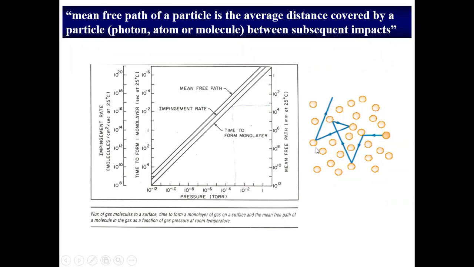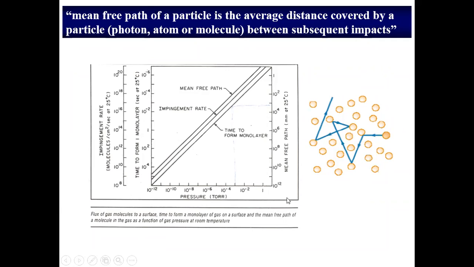Let's say, for example, this particular atom moves. Before it hits another atom, what's the distance? When it hits that atom, it will move on and collide with another atom, and so on and so forth. The average of the distance traveled by a particle, whether it's atoms or ions, is basically the mean free path. And we want the mean free path to be as high as possible.